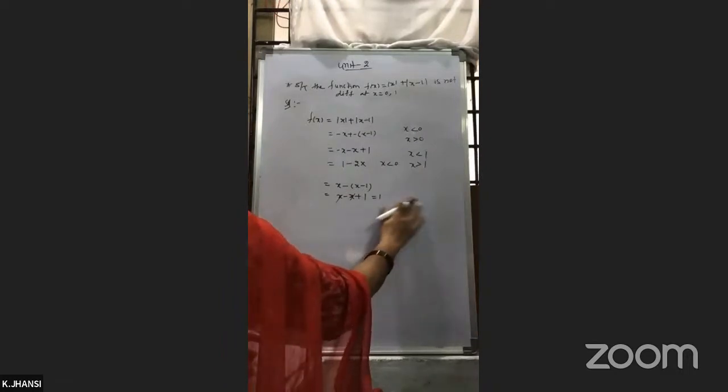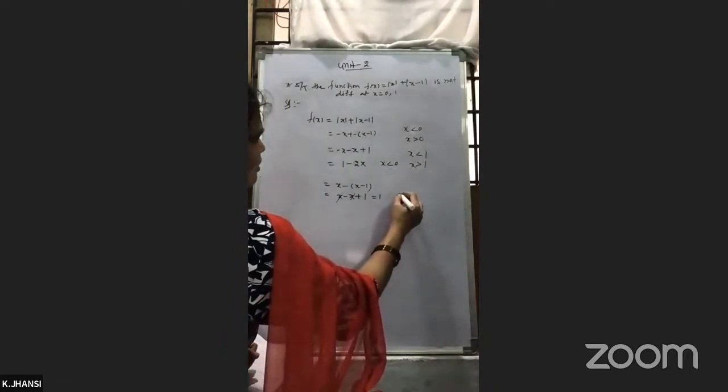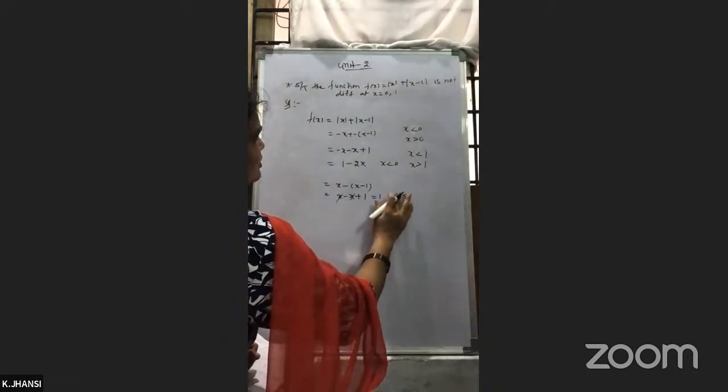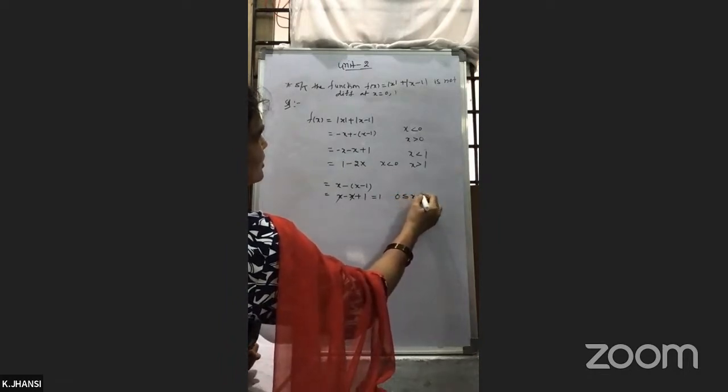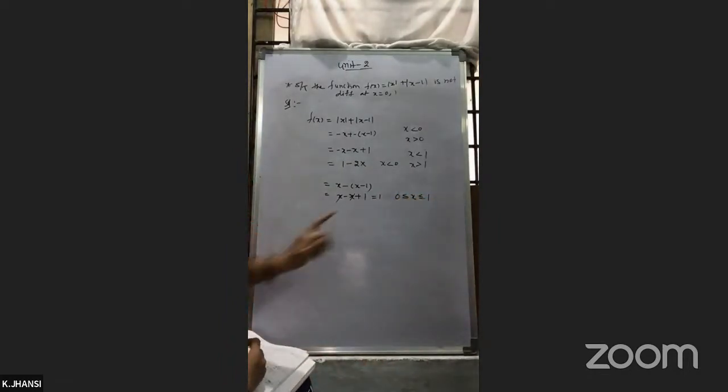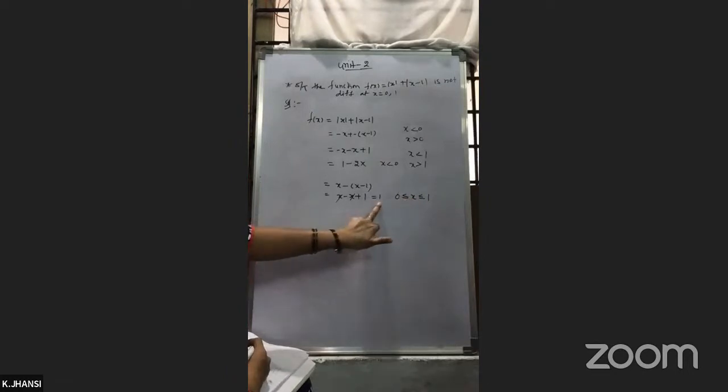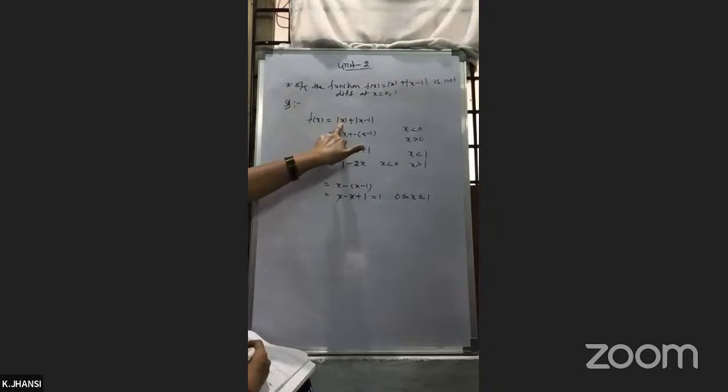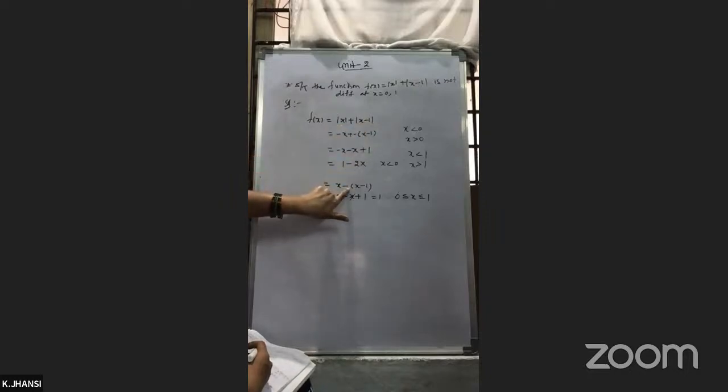So you can write this as, for 0 less than or equals to x less than or equals to 1. Means when x is greater than 0, value is 1. When x is less than 1, value is also 1. Same you'll get when x is less than 1, this value is positive value. But this value, because here 1 is there, no? That's why you'll get this value as minus 1.